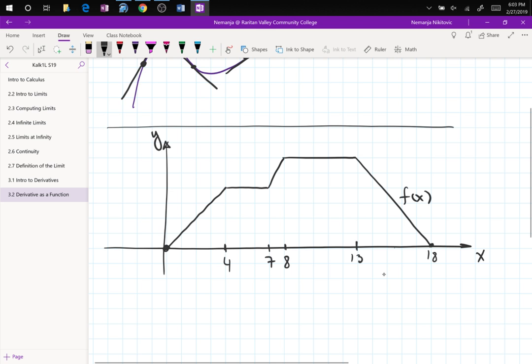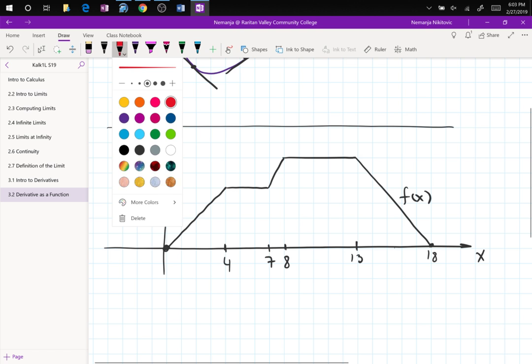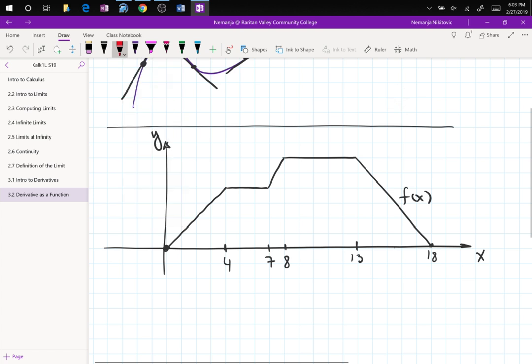Because remember, the derivative is slopes, right? So what do I get to draw? Now I'm going to draw the derivative in red. What do I get to draw between 0 and 4? 1. Very good. I get to draw this, because the value of the slope from 0 to 4 is 1 all the time.